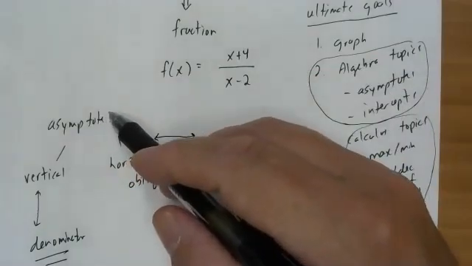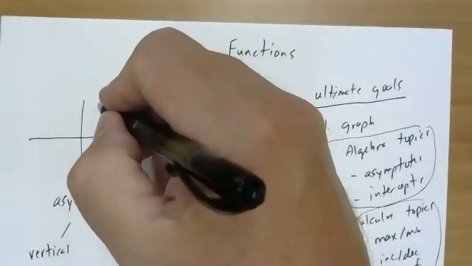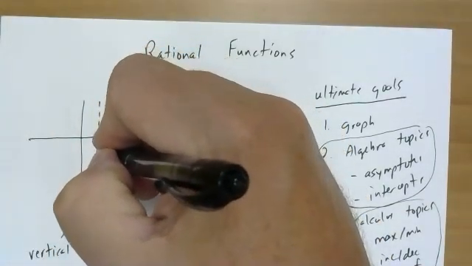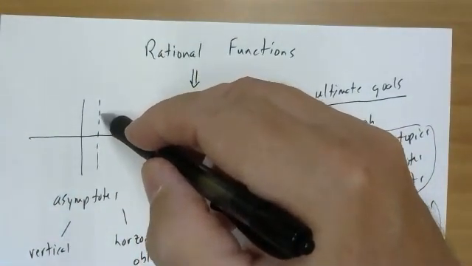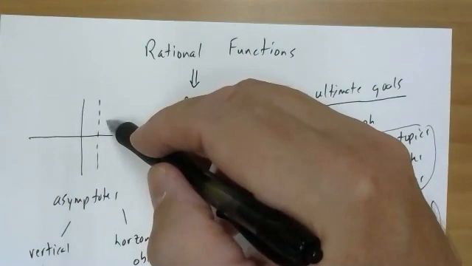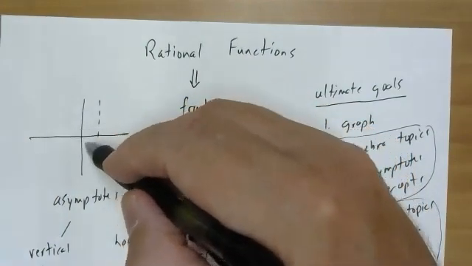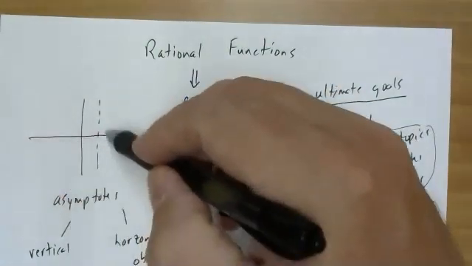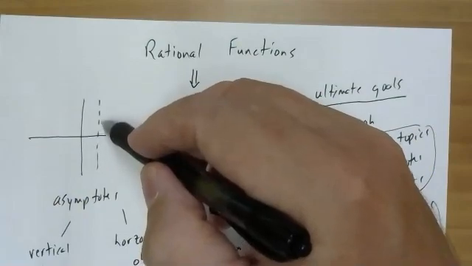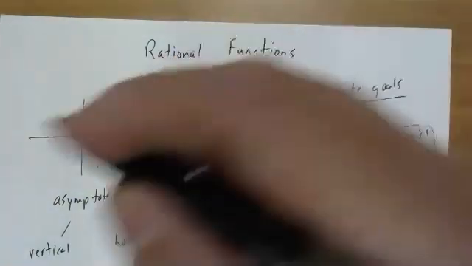Because once again, asymptotes are designated on a graph by dashed lines. And the basic idea is when you have a graph, your graph cannot touch or cross an asymptote. Now, on some graphs, it will cross it here in the middle of the graph. But when you get to the edges of the graph, your function should never cross or touch an asymptote.